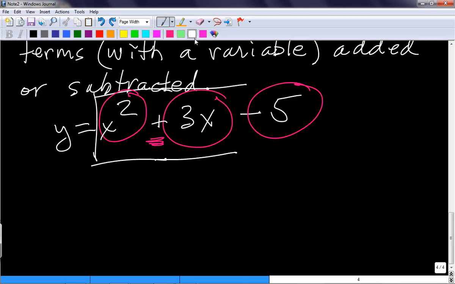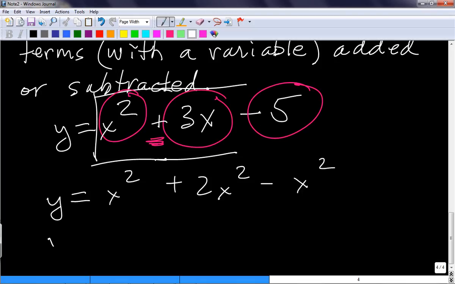So let me clarify one thing here, guys. Watch this. If I had this, it is not 3 separate terms, actually, because these are like terms. So really, what you would do is condense this down, gather all the like terms, and then you would really only have one term in the end. So x plus x squared plus 2x squared minus 1x squared is just 2x squared.